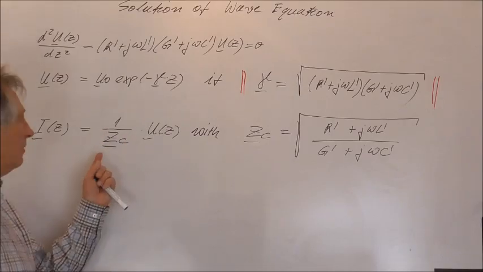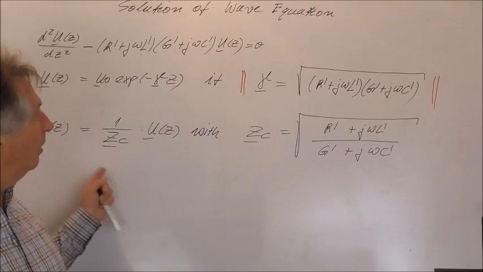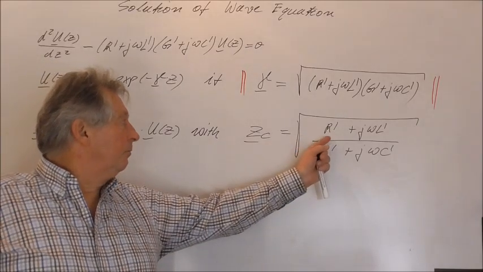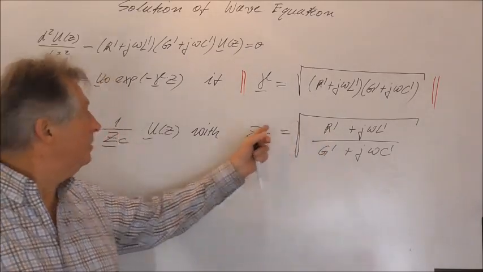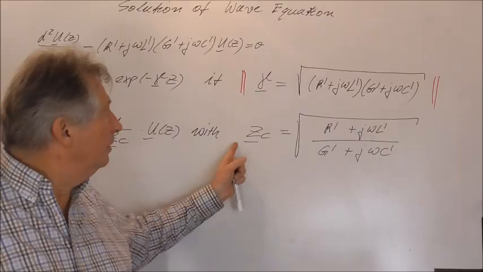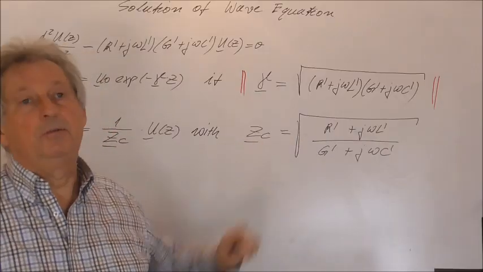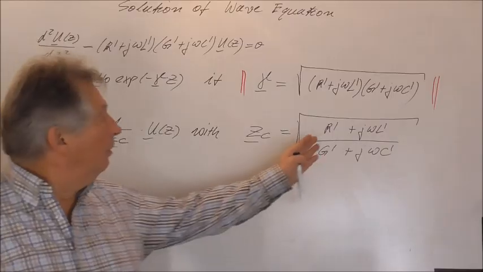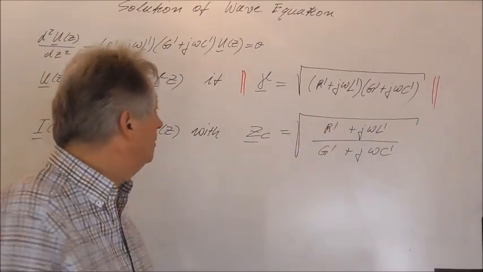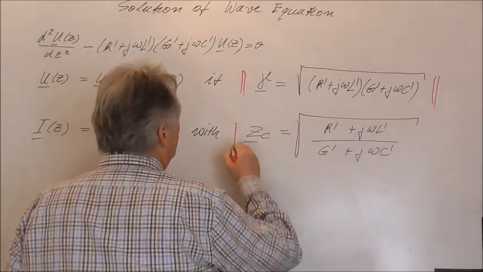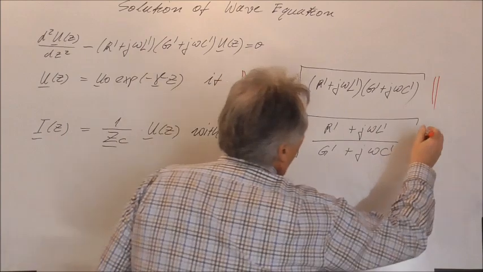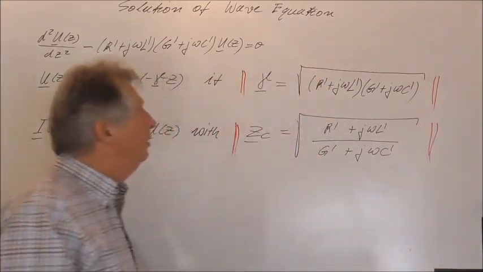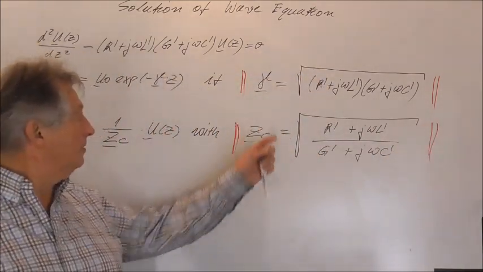As long as we have a transmission line with losses, this characteristic impedance is also a complex valued parameter, which depends of course on the parameters of the transmission line. And those two parameters we have to define or discuss in more detail.